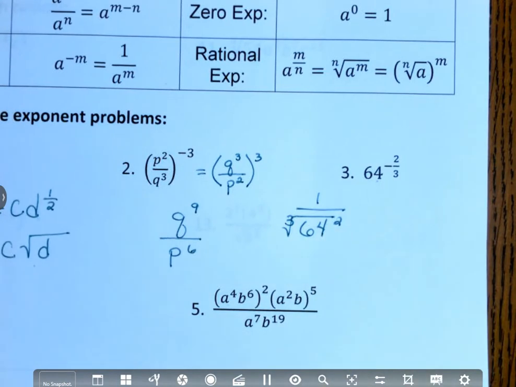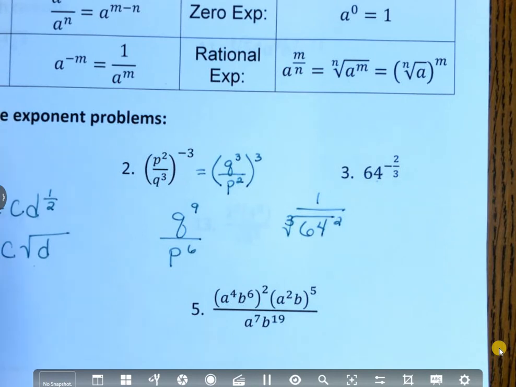Now with this, all right, what should I do first? How many of you in here want to square 64 and then find the cube root of that? No. Not me. What's the cube root of 64? 4. You okay with that? That to me is a lot easier to find than whatever 64 squared is, and then finding the cube root of that.